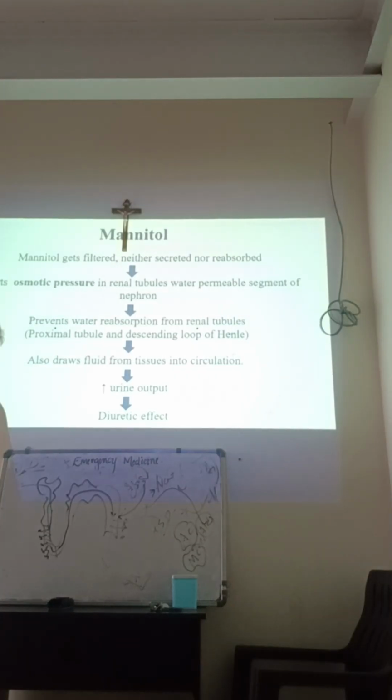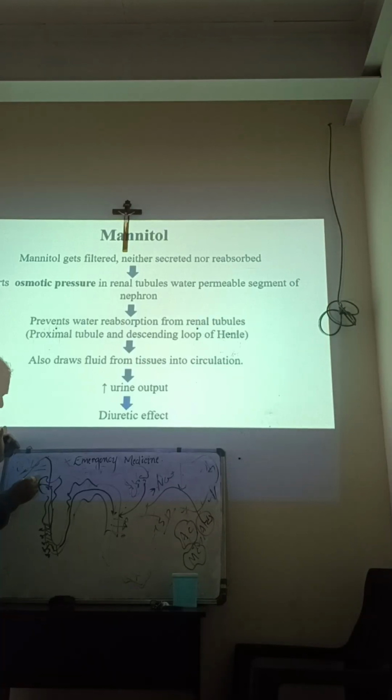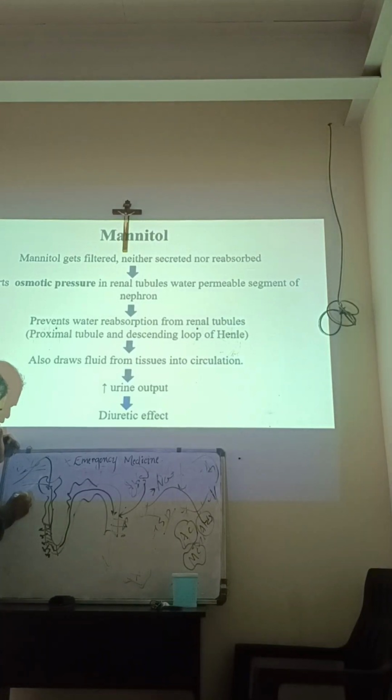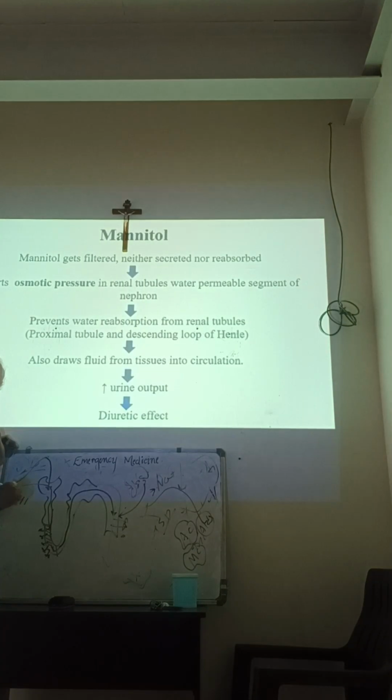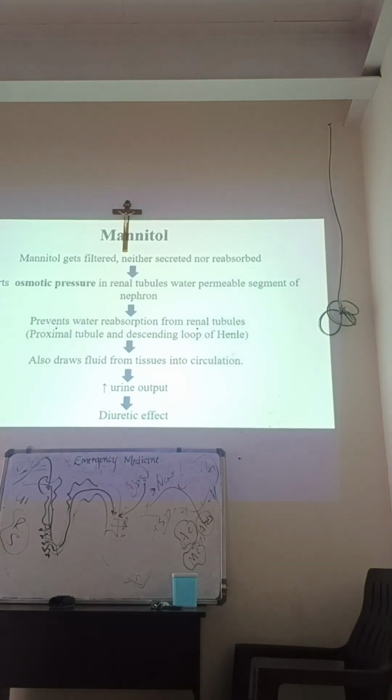Suppose you give mannitol intravenously. Once it comes inside the renal tubule, it gets filtered, neither reabsorbed nor secreted, only filtered. Remember this. Mannitol gets filtered in the renal tubule, neither secreted nor reabsorbed.